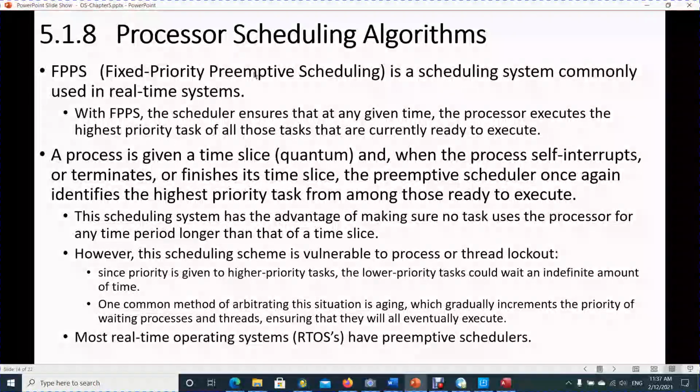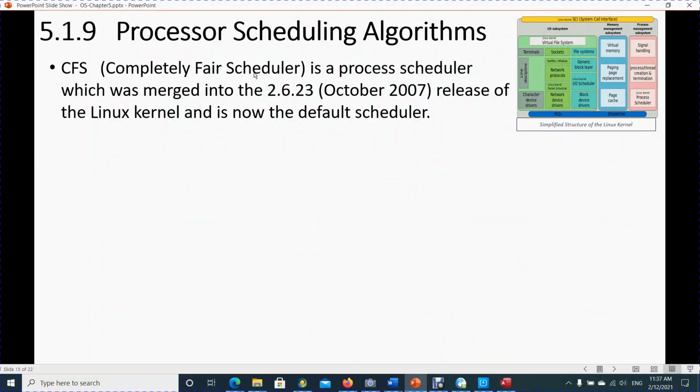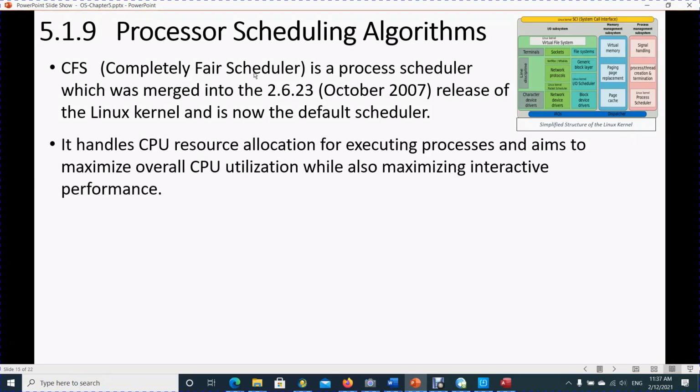The Completely Fair Scheduler, CFS, is a process scheduler that was built into Linux starting in 2007. It deals with CPU allocation for executing processes, and it aims to maximize overall utilization and also optimize interactive performance.